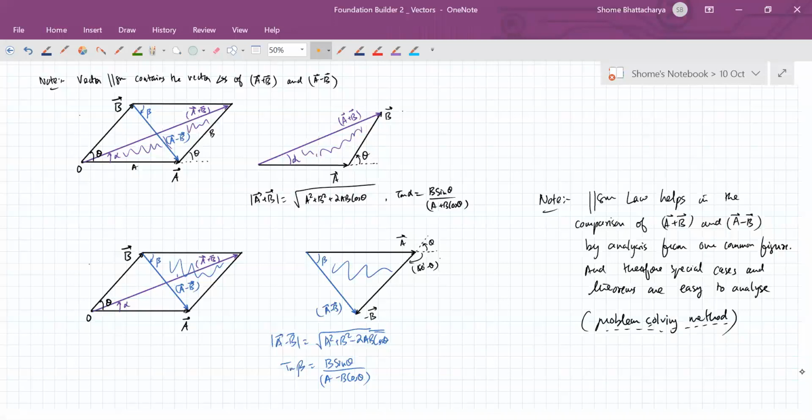So in these diagrams you can see that the parallelogram contains both the triangles for sum and difference. So it's like a combined form of the two theorems, the two triangle laws for sum and difference.